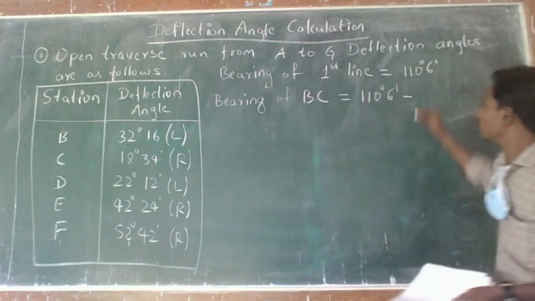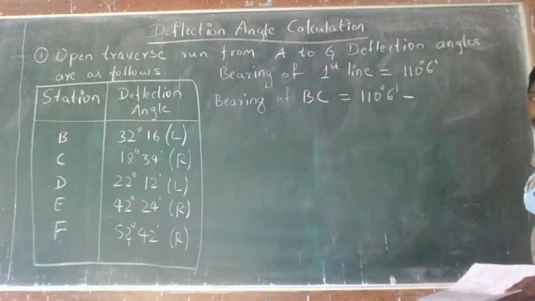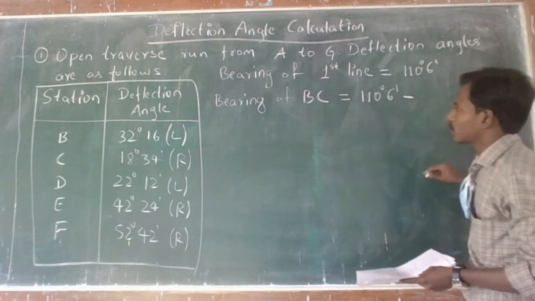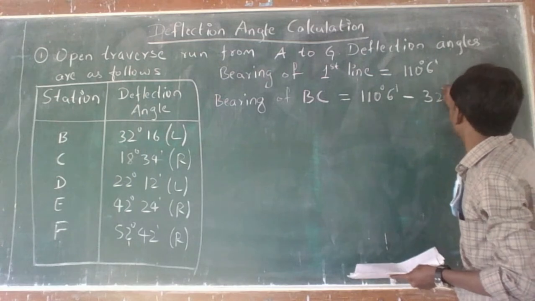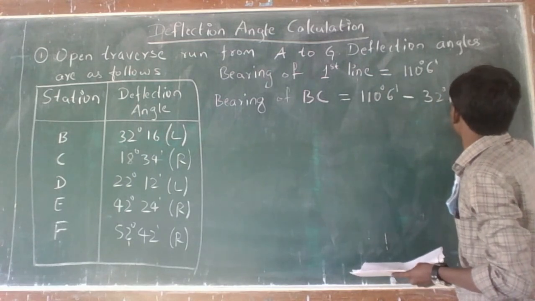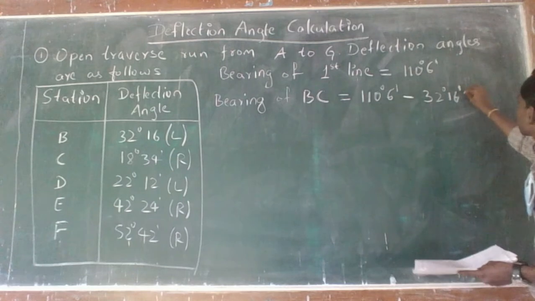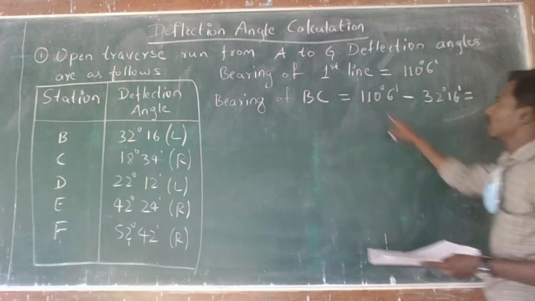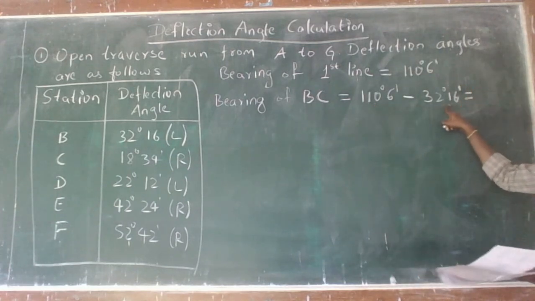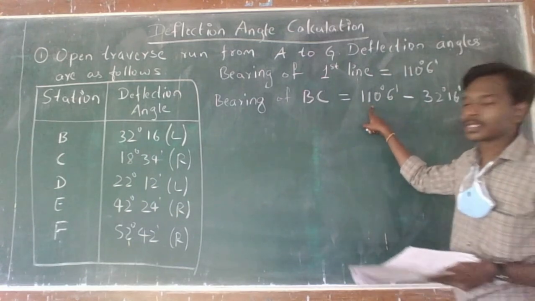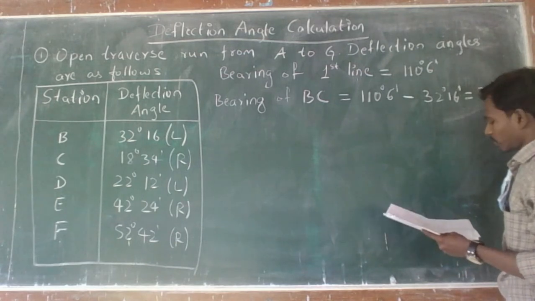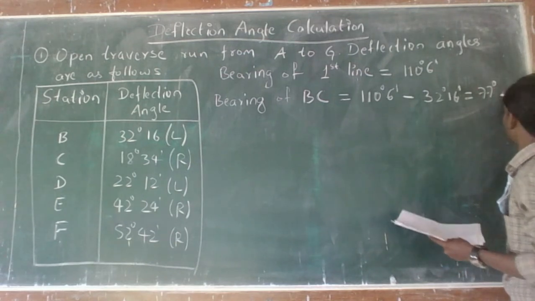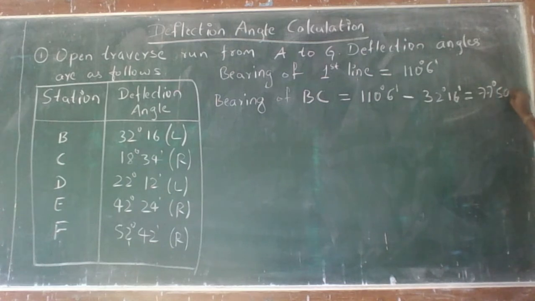So for that reason we are going to take the sign minus. By subtracting 32 degrees 16 minutes from 110 degrees 6 minutes, we will get 77 degrees 50 minutes.